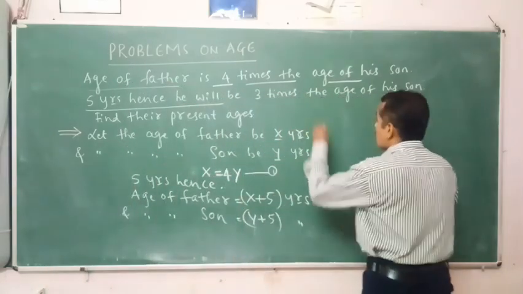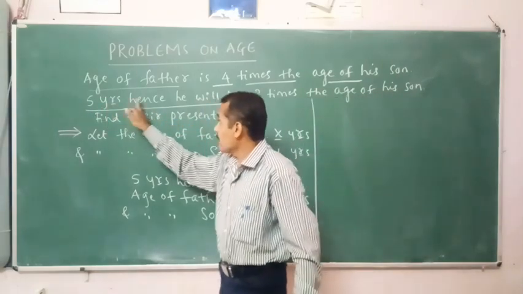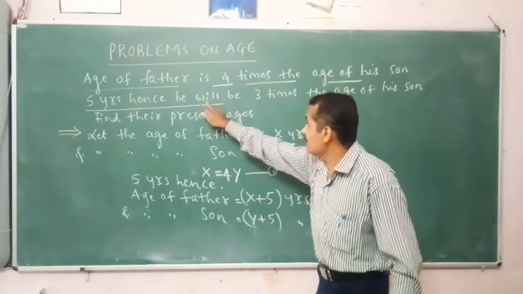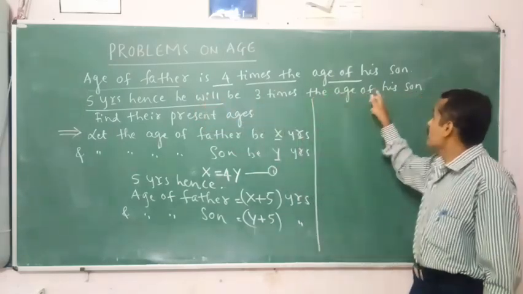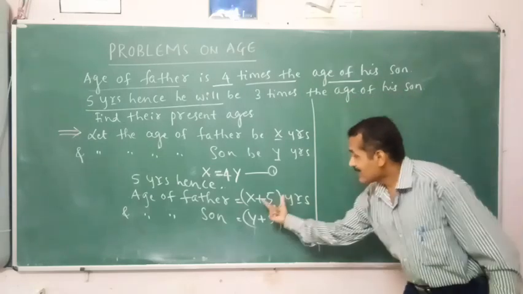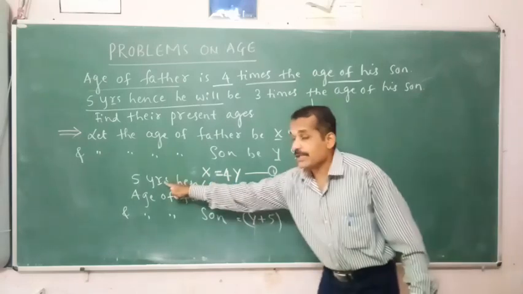Okay? Now what happens? What do they say? After 5 years, the father will be 3 times the age of his son. Father will be 3 times. Okay? These are the ages of father and son after 5 years.